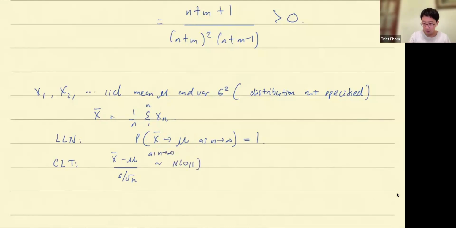So this is not a rigorous statement. The rigorous statement will be that the probability that x bar minus mu over sigma over root n is less than x will converge to, I think we use this notation, Phi of x, the CDF of the standard normal.